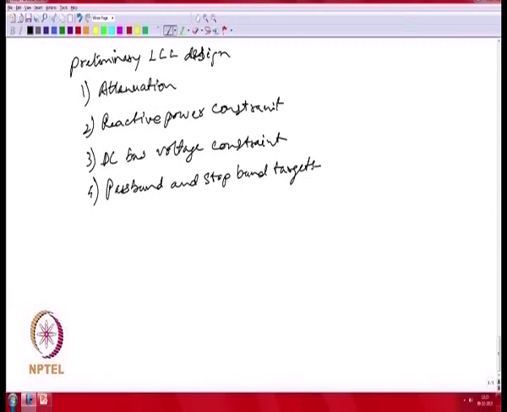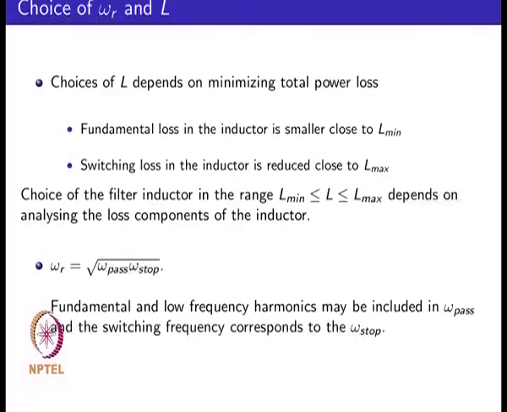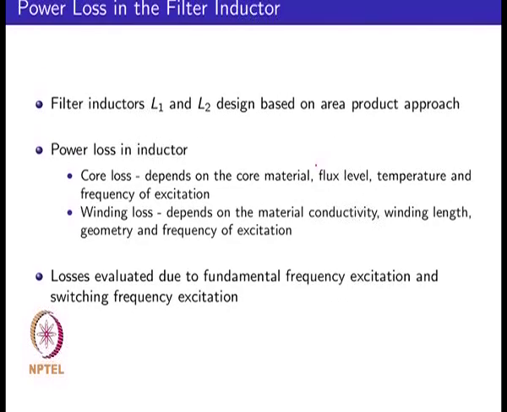So, now that we have your preliminary L1, L2 and C, the next question is what is the actual value of L1, L2 that can be designed, and the procedure to design the L1 and L2 is based on the area product calculations that we had discussed previously.